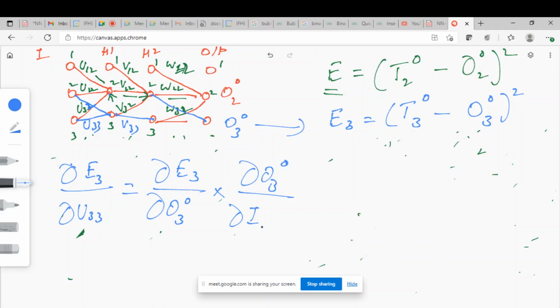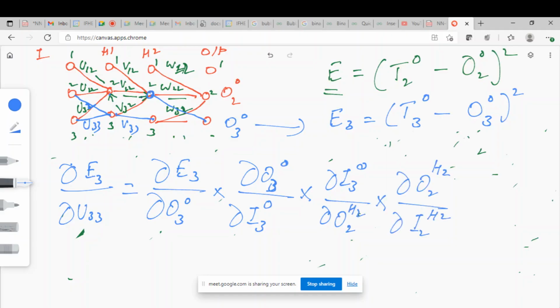Why are you going to the hidden layer? This is output I3O. All output depends on its own input. Only input depends on the previous layer's output. Now this input depends on what? O2H2, good. And this depends on its own input, I2H2.